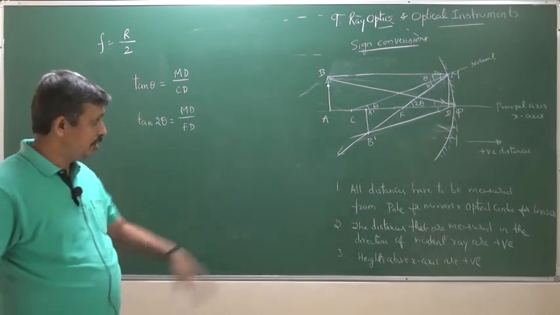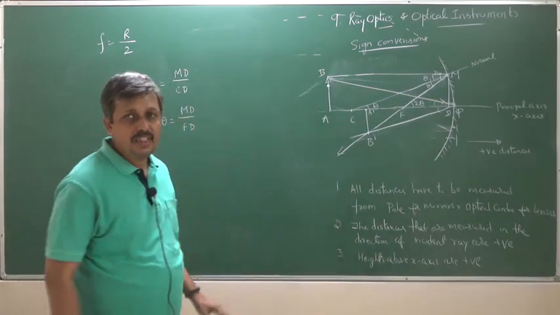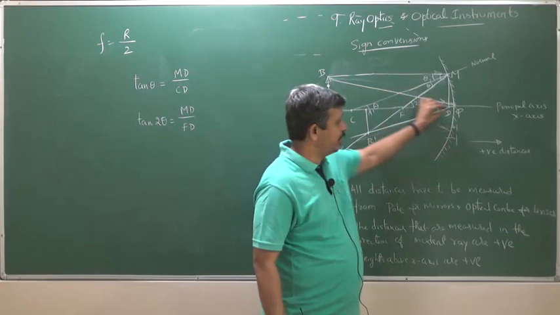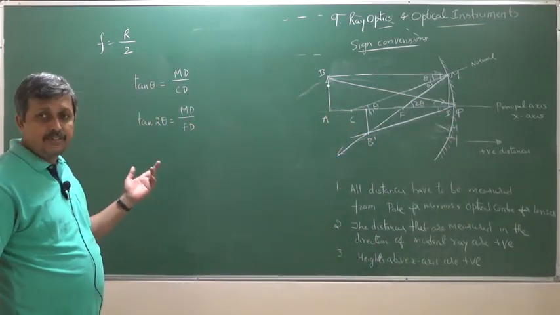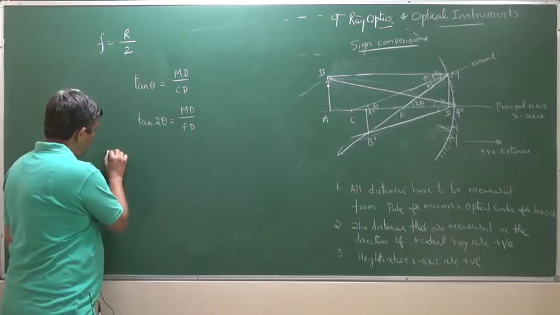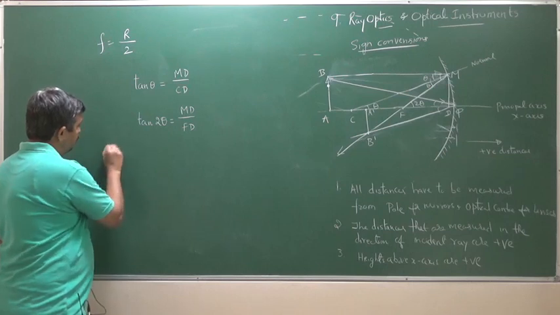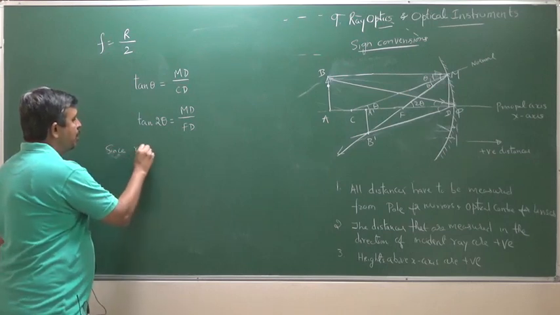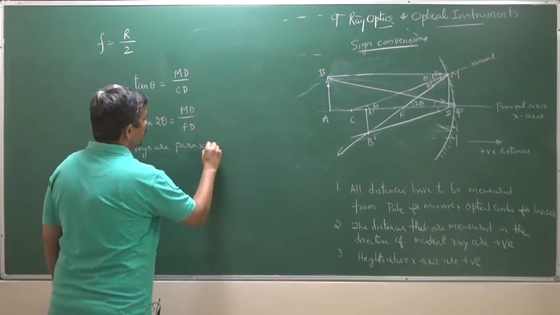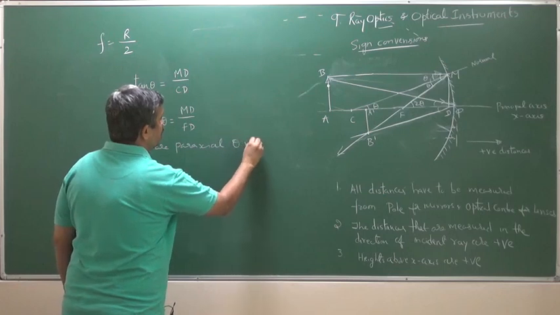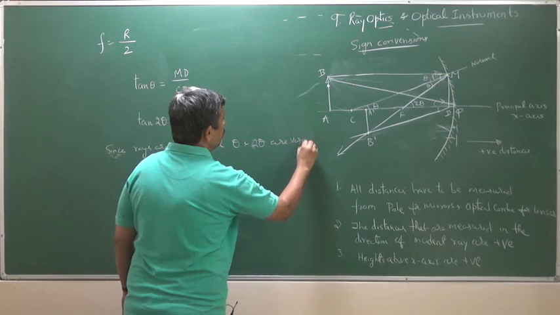Though it is shown here as big angles, in reality they are making very small angles because we are taking small rays which are coming very near to the axis. Since the rays are paraxial, theta and 2 theta are very small.